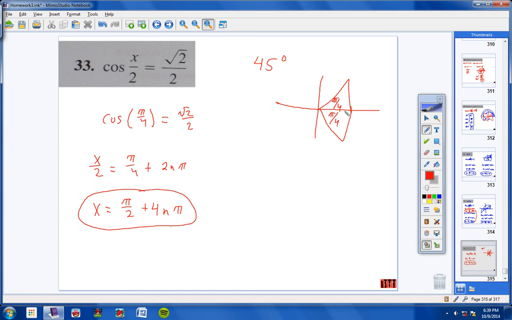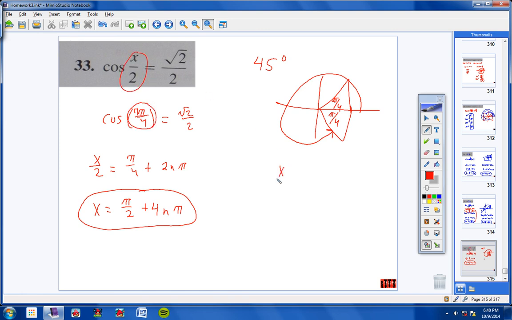Now, let's go ahead and use the other triangle here. So I'm going to start here and rotate to here. So I go 1 3/4, I would get 7 pi over 4. So right here I now have 7 pi over 4. So if this whole angle here is 7 pi over 4, then it equals x over 2.